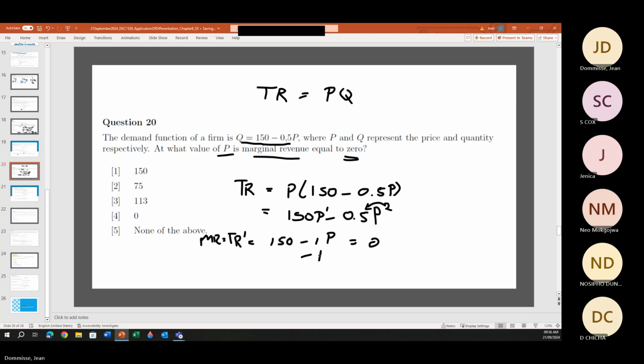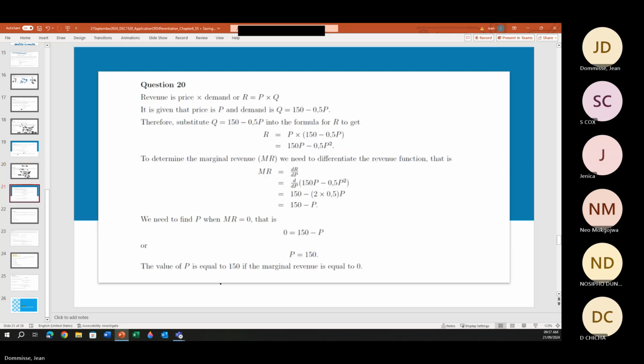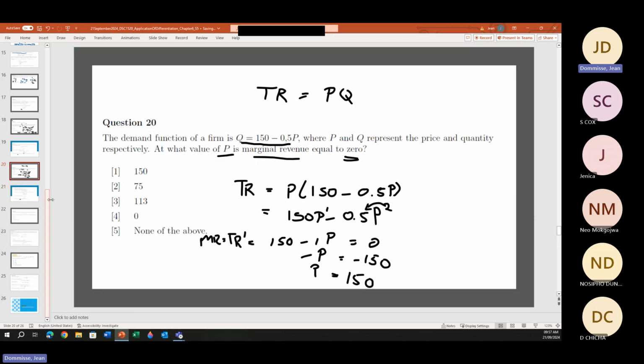So minus P is equal to minus 150, and P then is equal to 150. Okay, so what they could also have asked us in a question like this is, now that you have P, what is the value of Q? And so then we will replace P there with 150.